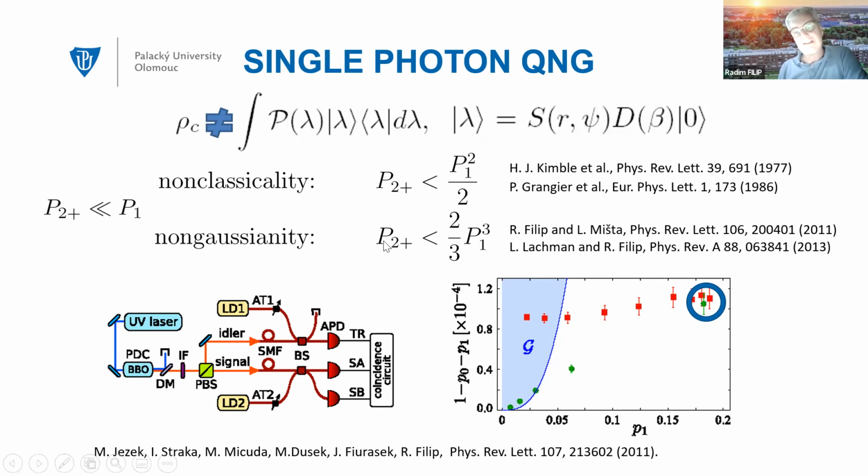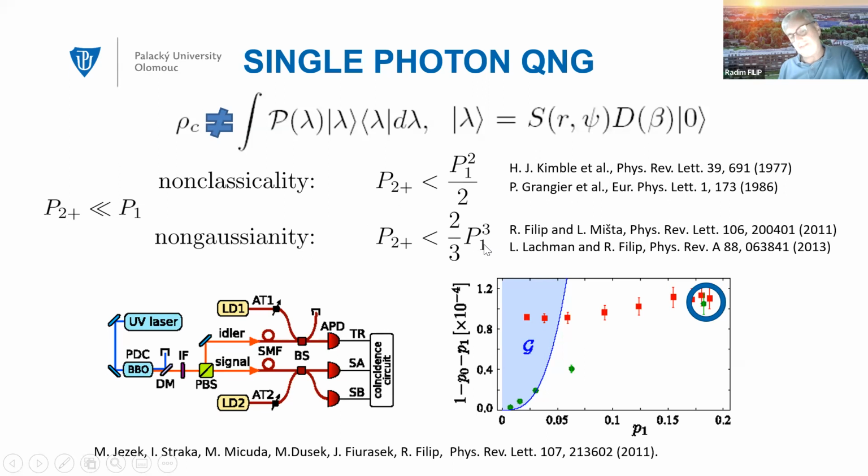We found them, and they are written here in the simplest form, where you think about just a very simple HBT measurement to detect the quality of the single photon. It means the same measurement which is used for the test of non-classicality, for the measurement of the g2 correlation function. And then you just evaluate coincidences, meaning the probability of multi-photon clicks versus the probability of single photon clicks.